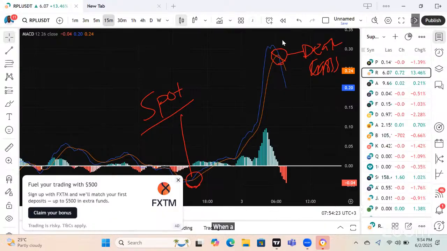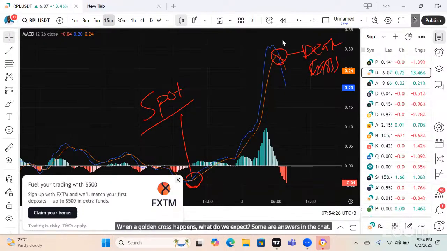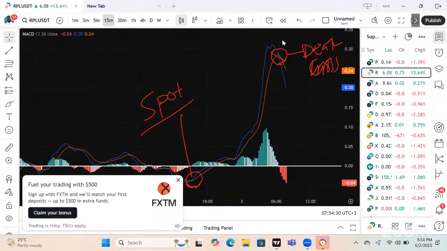When a golden cross happens, what do we expect? The market goes up. As simple as that.